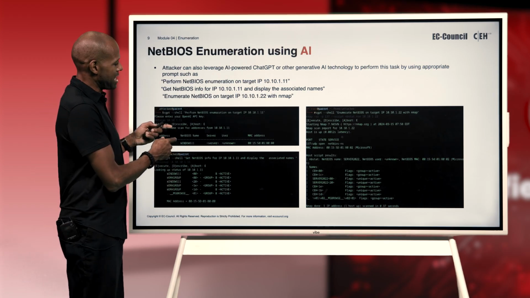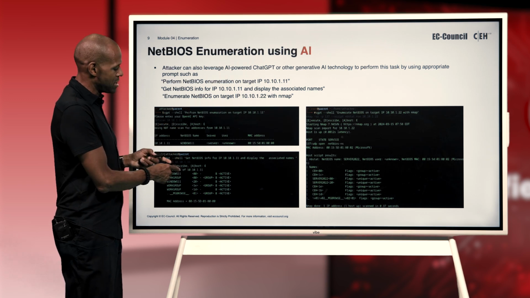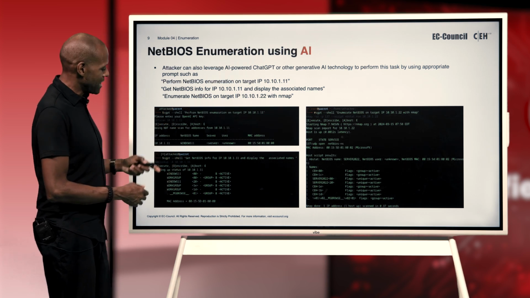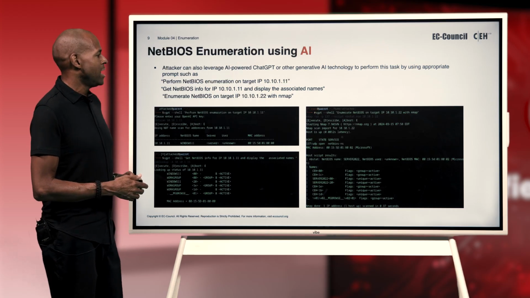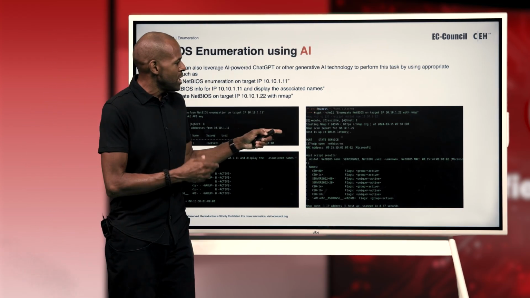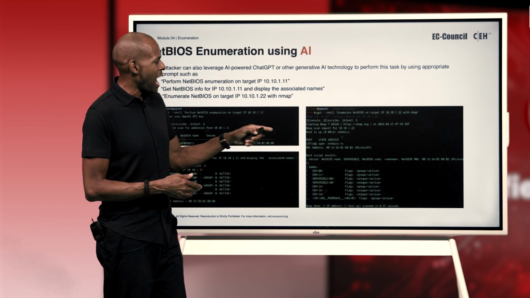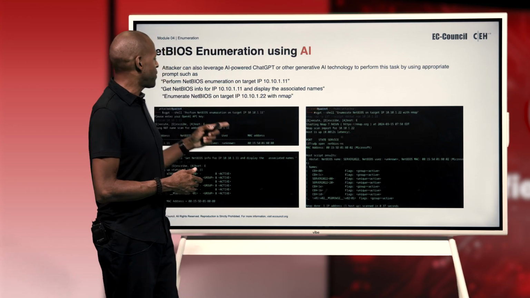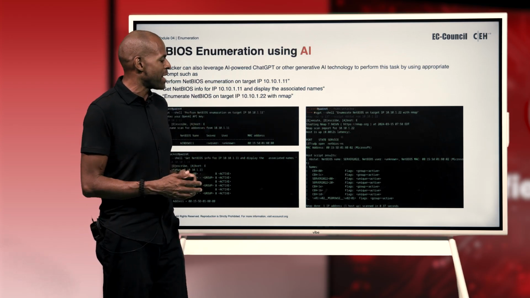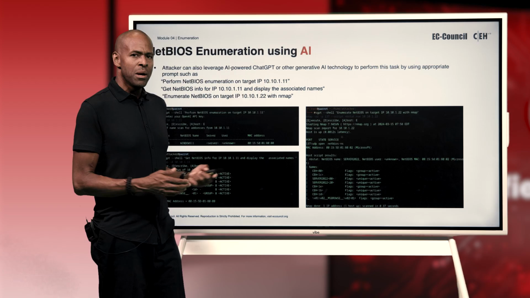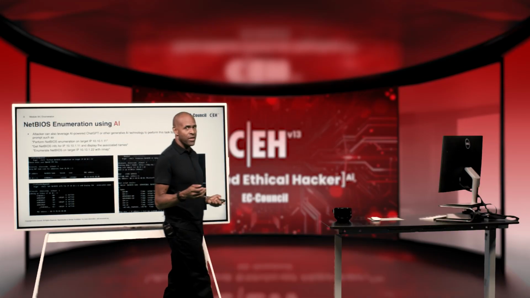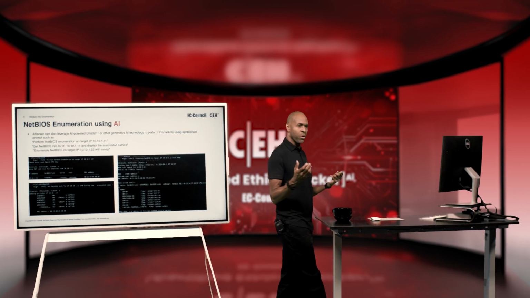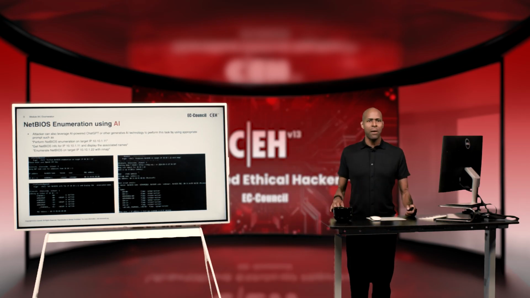And so we see that each of these commands outputs the associated information, giving us group information, giving us the NetBIOS tags, and using Nmap to enumerate these items. With this last one, just NetBIOS is really what we're looking at in this case. But with NetBIOS, we can enumerate with AI, and we can pull information from a Microsoft network.